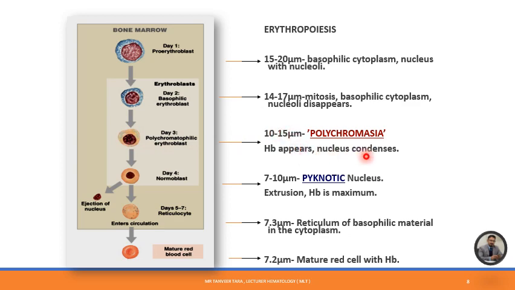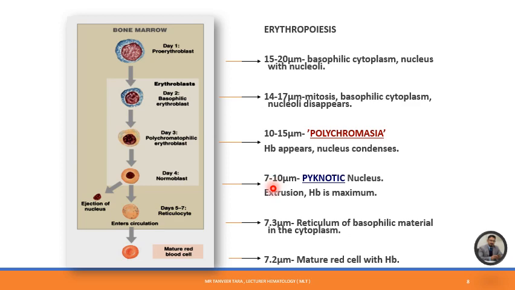The nucleus becomes condensed, and here the function of the nucleus is now getting reduced. So the next stage is the normoblast, also called the orthochromatophilic erythroblast. The nucleus becomes very pyknotic and no function is required here anymore.